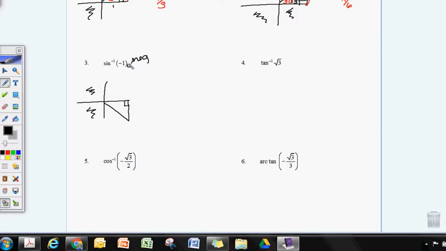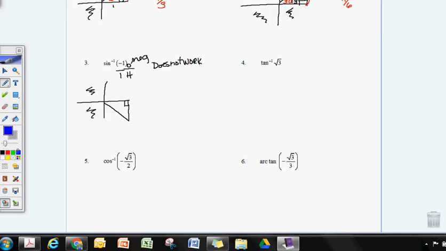Sine stands for opposite over hypotenuse. Ew, I can't have an opposite and a hypotenuse. This does not work. So now I need to think about quadrantal angles.